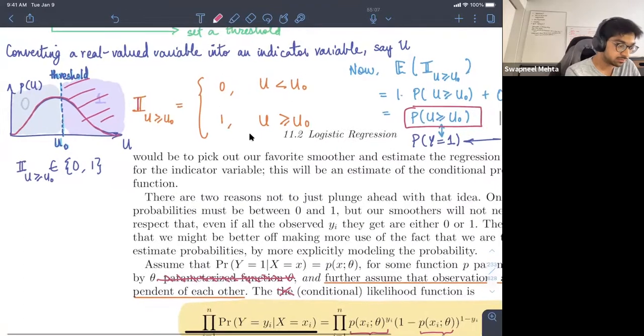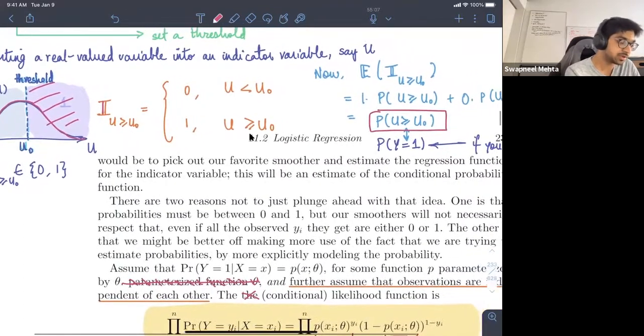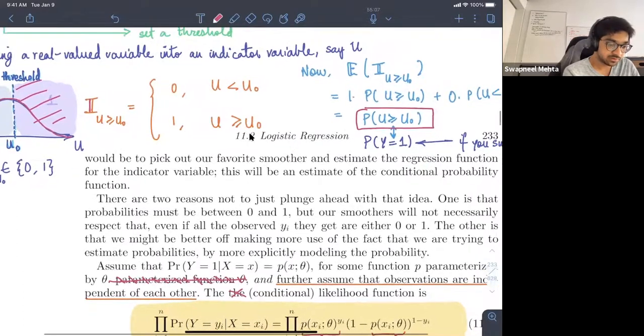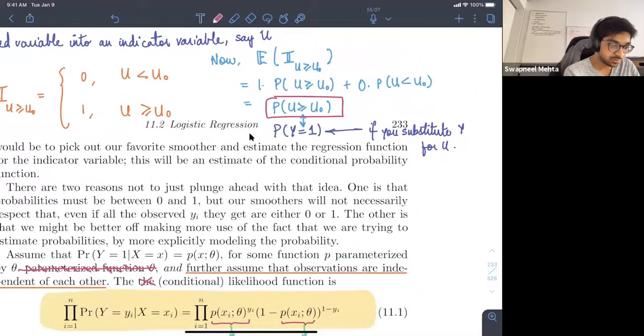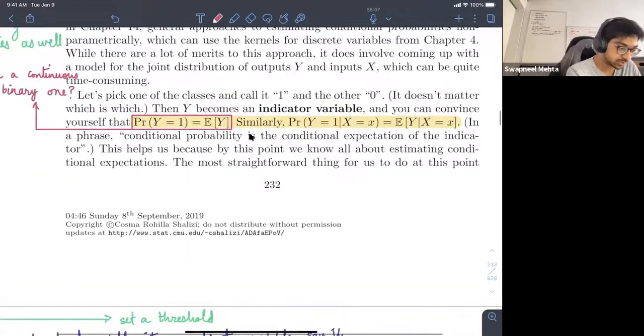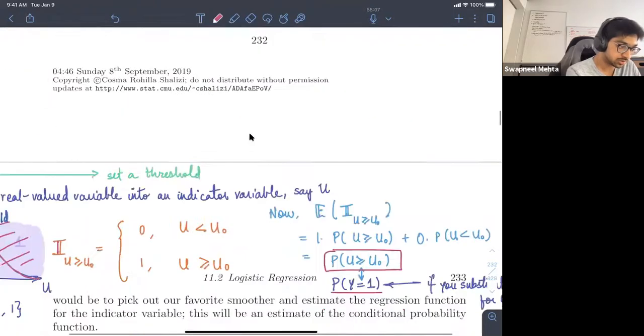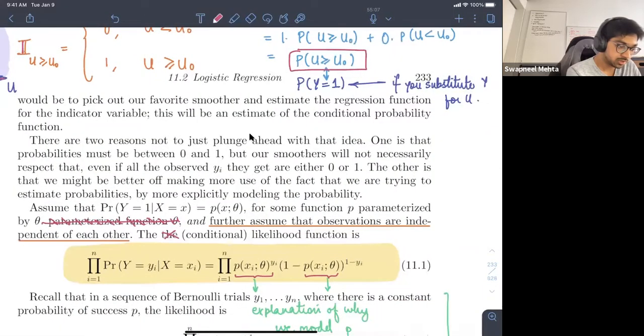And if we define y to be a transform of this random variable, then we can say this is equal to the probability y is equal to 1, which is what they want us to show here. Okay, so let's just undo that.